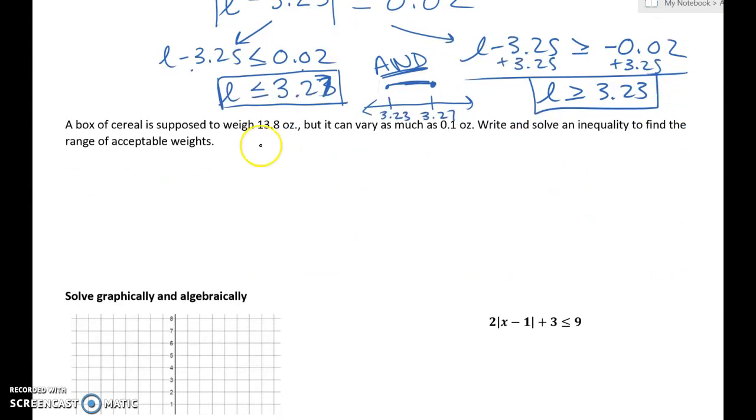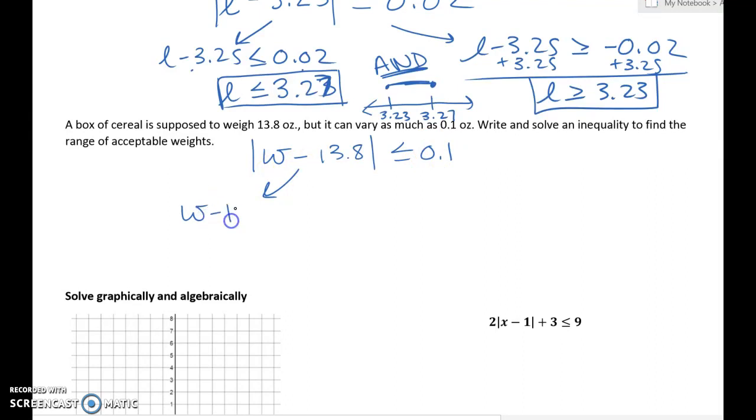So for this one, if we use W for weight, we have W minus 13.8, which is our goal, the difference there, less than or equal to 0.1. And if we split it, W minus 13.8, less than or equal to 0.1, W minus 13.8, flip the sign and make it negative, greater than or equal to negative 0.1.